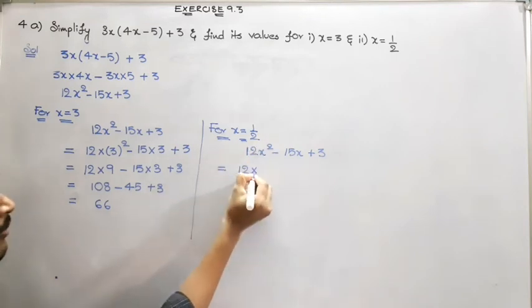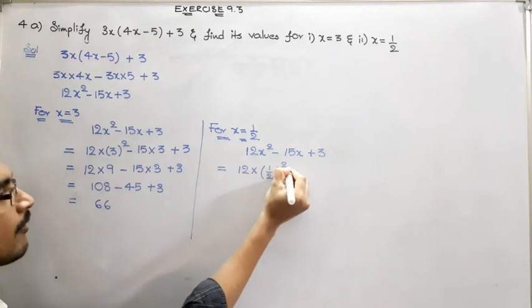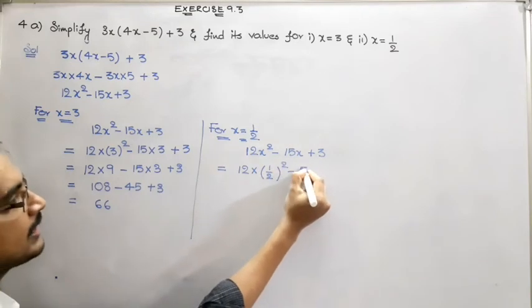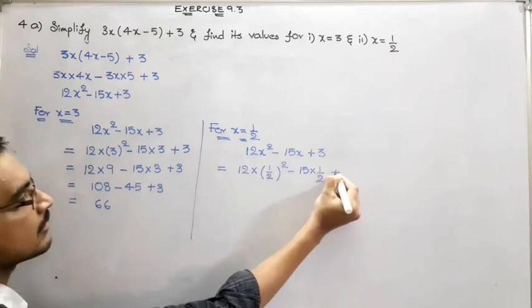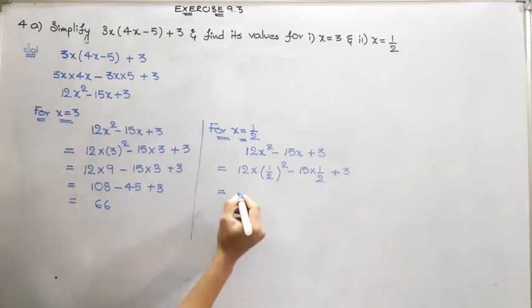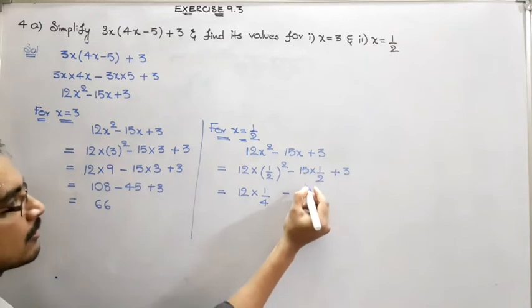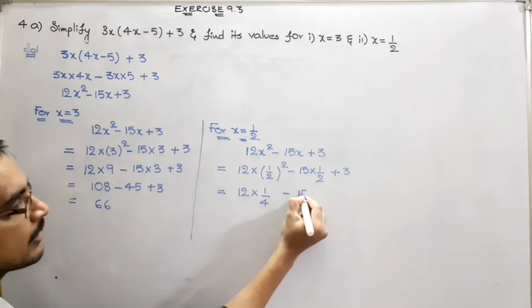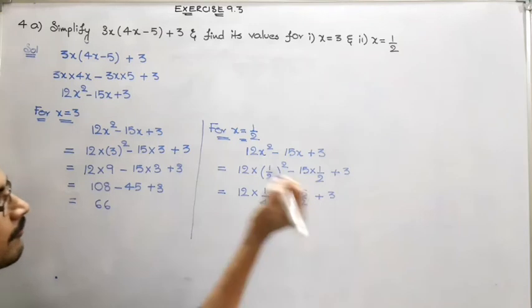So 12 multiplied by 1 by 2 whole square minus 15 into 1 by 2 plus 3. Which gives us 12 into 1 by 2 into 1 by 2, 1 by 4, minus 15 into 1 by 2, directly we can write as 15 by 2, plus 3.